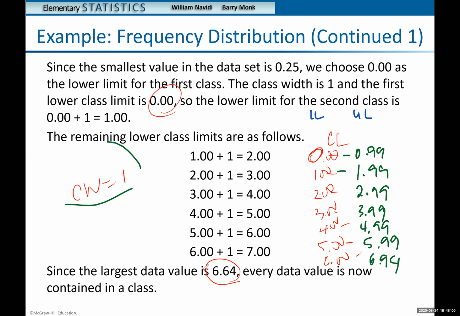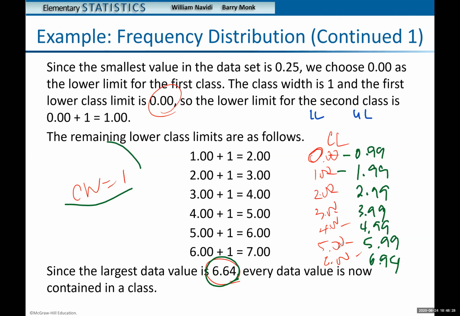See, your highest value is 6.64. That is between 6 and 6.99, right? So these are your class limits. You have all the same class width of 1. And how many classes? 1, 2, 3, 4, 5, 6, 7. There are 7 classes.